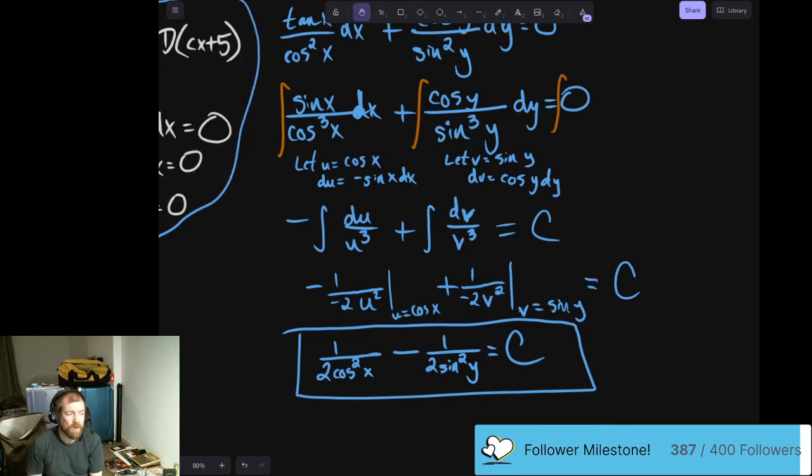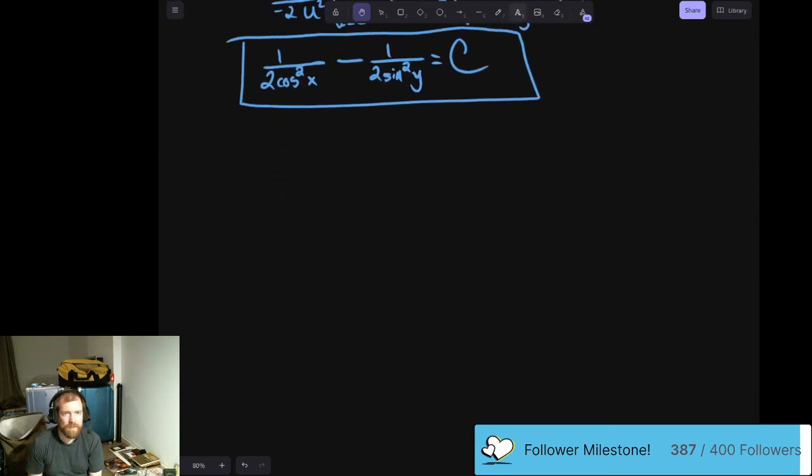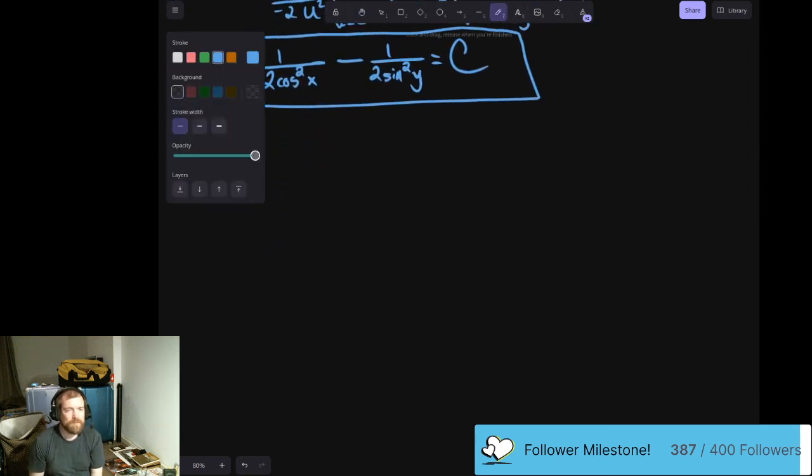If we really wanted to do it, you'd be hard-pressed to find anybody who's that interested in actually doing it. So if we multiply by 2 and our cosine squared and our sine squared, then we end up with sine squared of y minus cosine squared of x is equal to c times both.